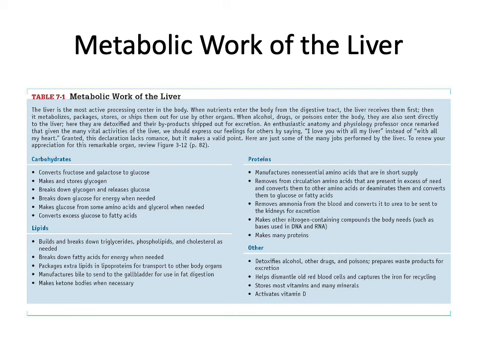Now, proteins also are metabolized to a large extent in the liver, and we can manufacture the non-essential amino acids. Those are the ones that we are able to manufacture. We can remove those amino acids that are present in excess.